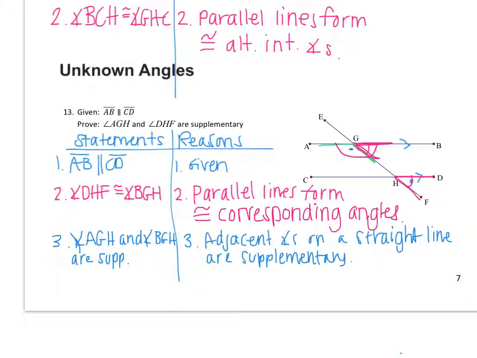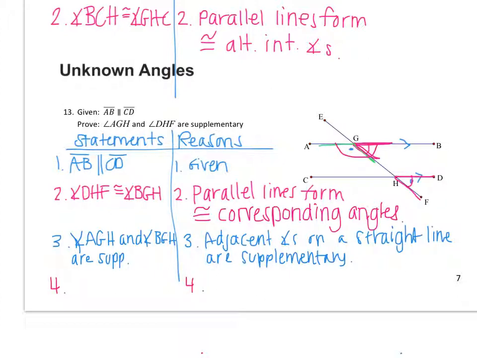Okay, so now that I know that I have supplementary angles right next to each other, and one of them, BGH, is congruent to another angle, DHF, I can use a property called transitive or substitution. They're kind of one and the same. It's just kind of personal preference which you use here.